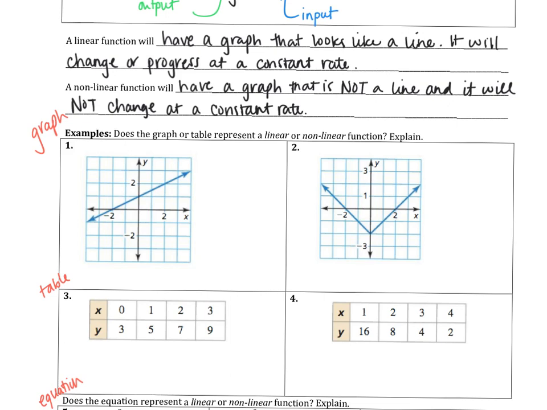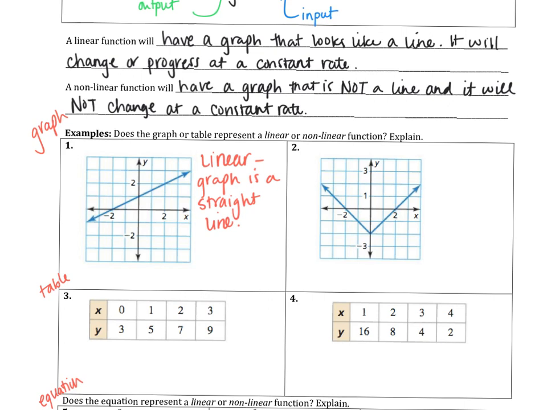They told me that. Now I'm just trying to decide, is it linear or nonlinear? And for this one, we can determine this is a linear function because this graph looks like a line. So yes, it's linear.